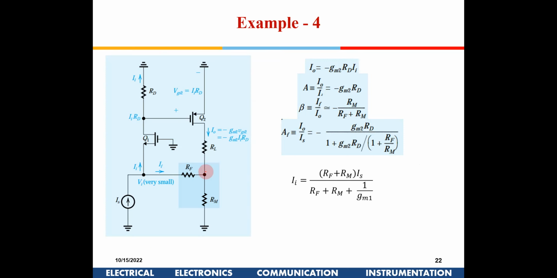So this is one example. We'll take one more example out here. Here we are feeding in a current. Okay, output voltage is being sampled here. This is the load resistance. So now what kind of feedback is it?